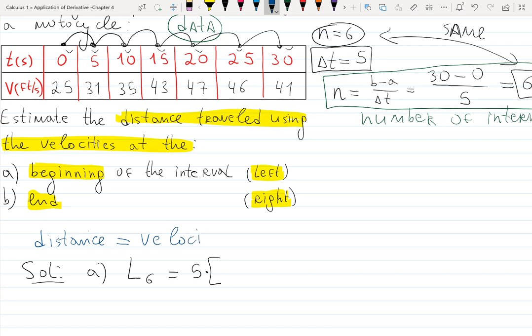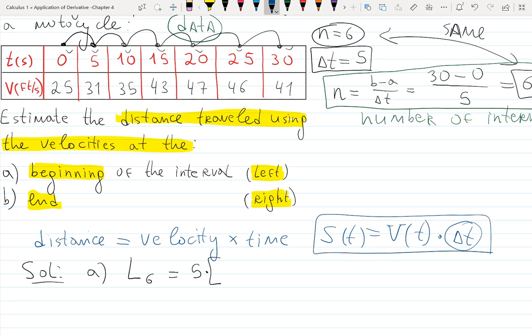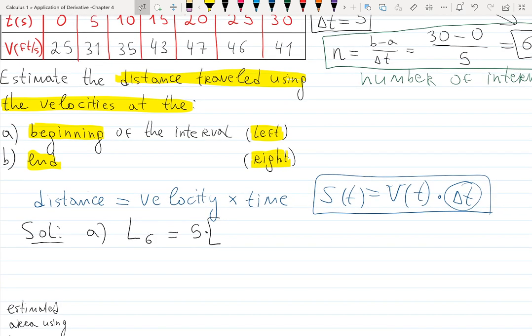Yes, velocity times time, which is v times t. So basically s of t will be v of t times delta t. The change in time is constant, but v is always different. The record for v is different.